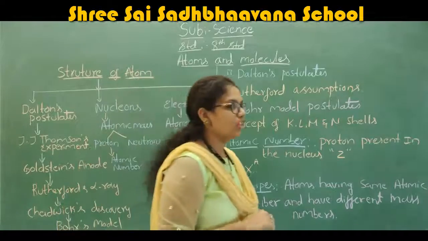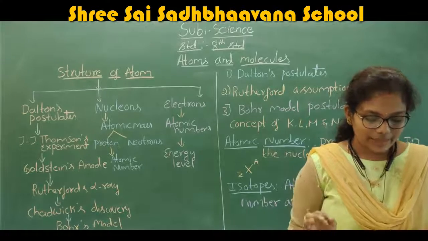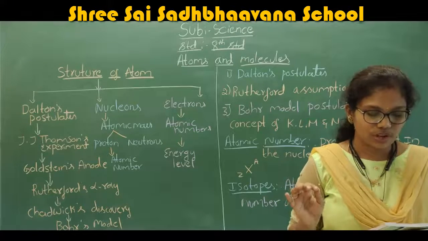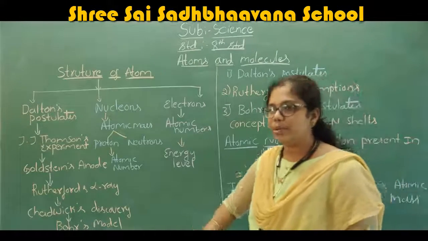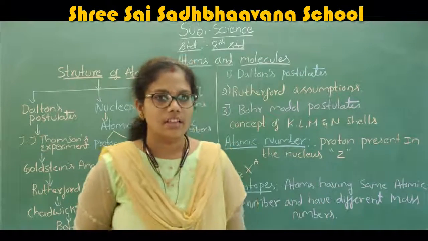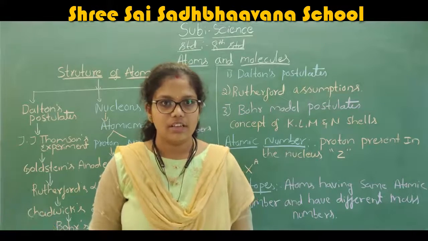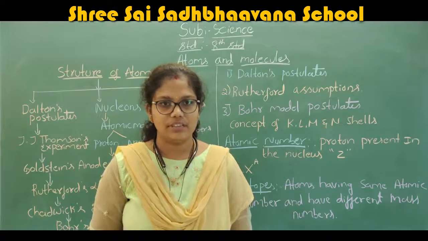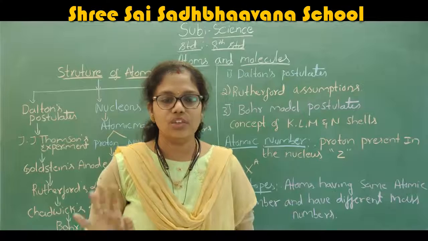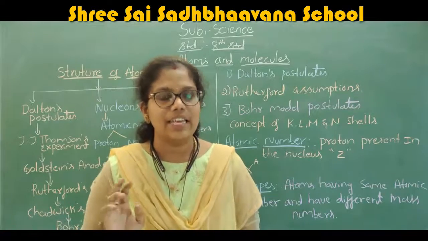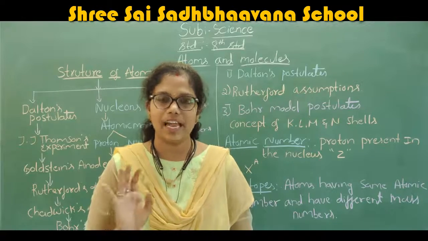And the third important postulate of Dalton is, atoms of one element cannot be converted into those of other elements. Consider that you can't convert your own family members into another family, right? This is the third postulate. Take the example of hydrogen.